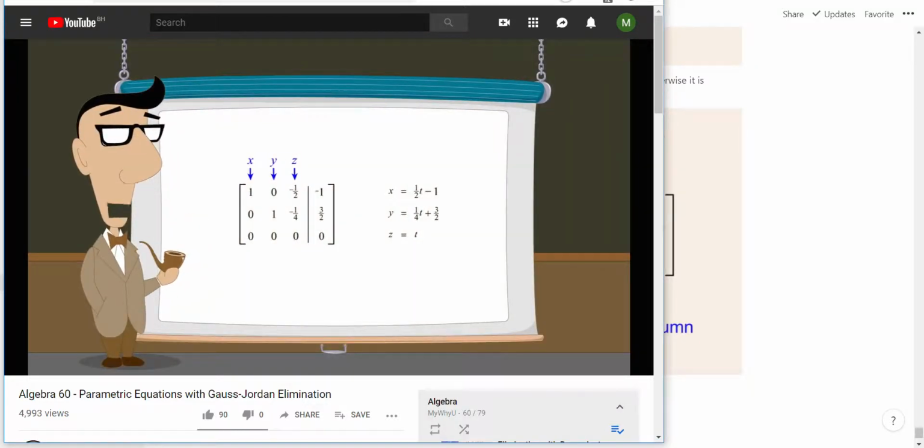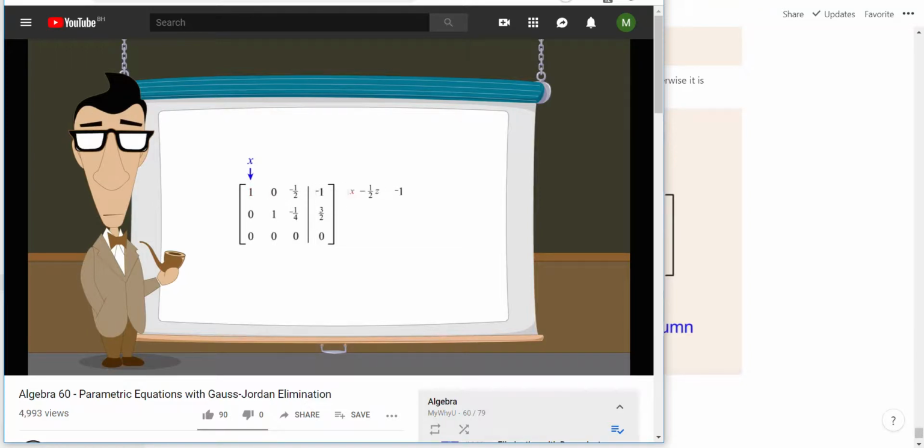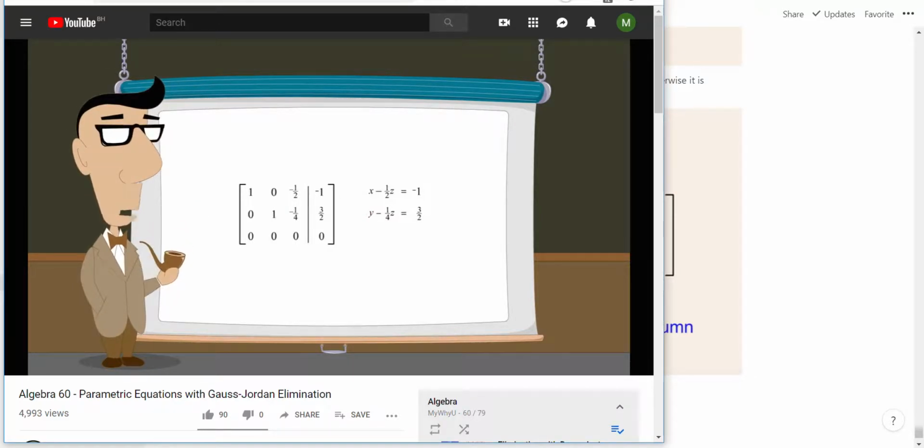Creating this set of parametric equations was simple. Since each dependent variable had a coefficient of 1 and appeared in only one equation, it was a simple matter to rewrite those equations so that each equation equated one dependent variable to an expression containing only the free variable.